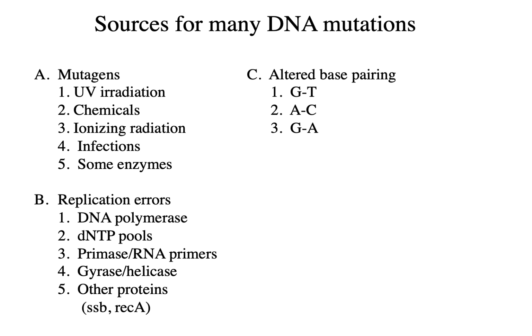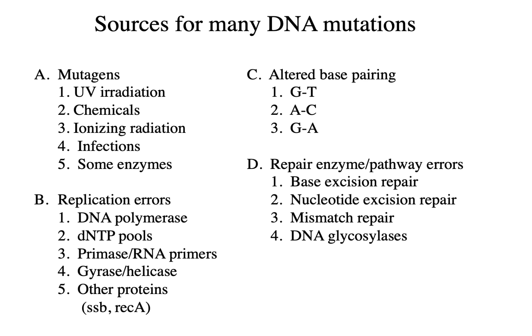These can all be repaired by repair enzymes if the wrong base pair happens to be sensed by the repair systems. There are also problems with the repair enzymes and pathways occasionally. So you can have problems with the base excision repair system, the nucleotide excision repair system, mismatch repair system, DNA glycosylases, and also some others.